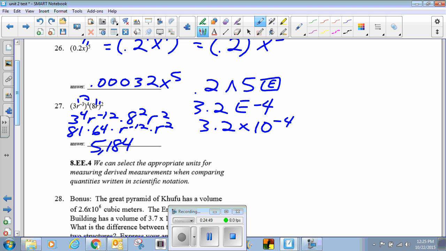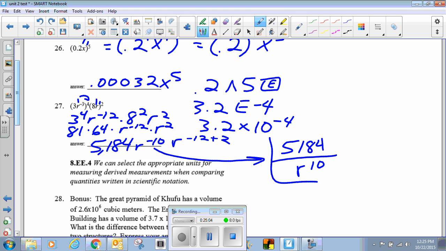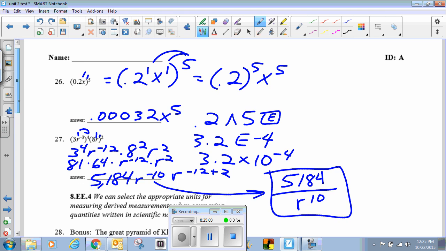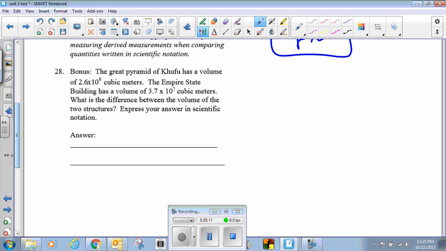When I multiply things with the same base, I add exponents. So I get negative 10. Can I have negative exponents in my answer? No. So I have to put it underneath. Done.